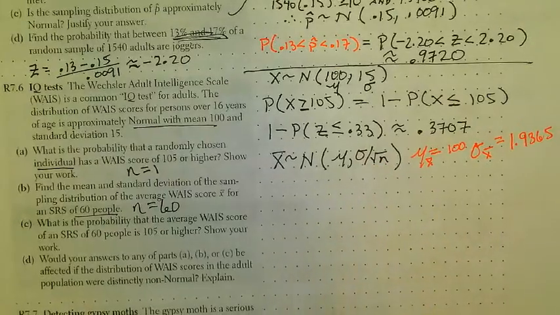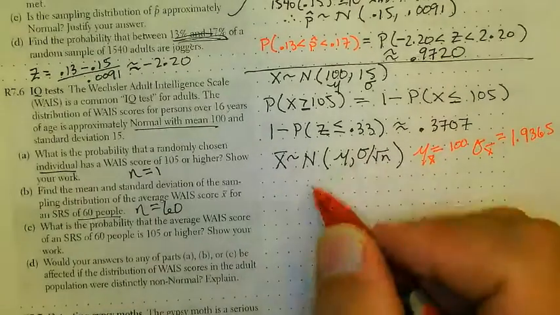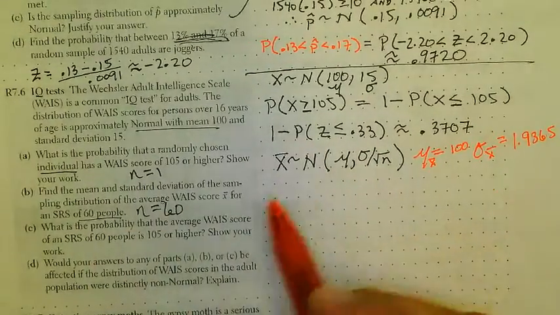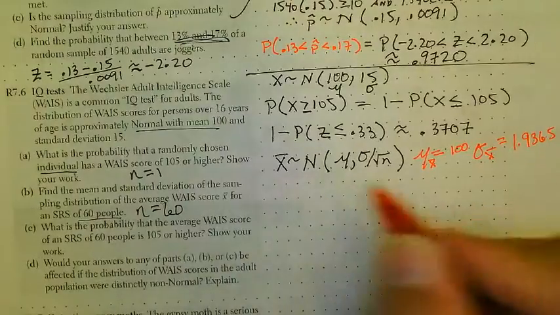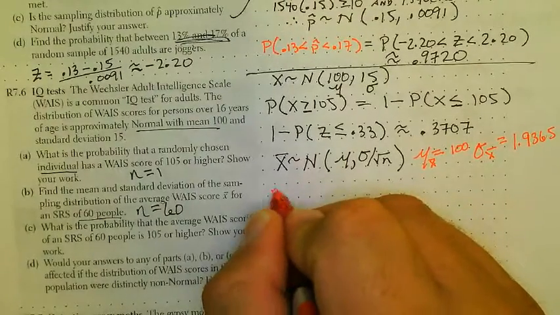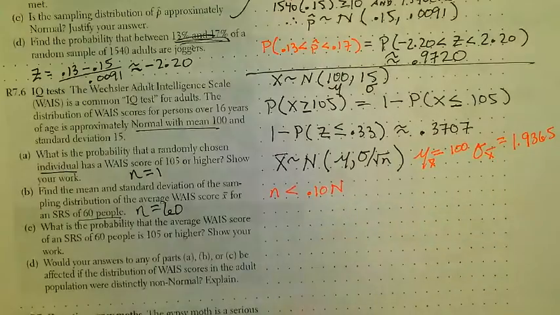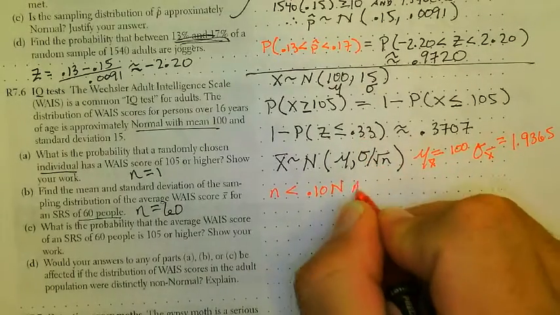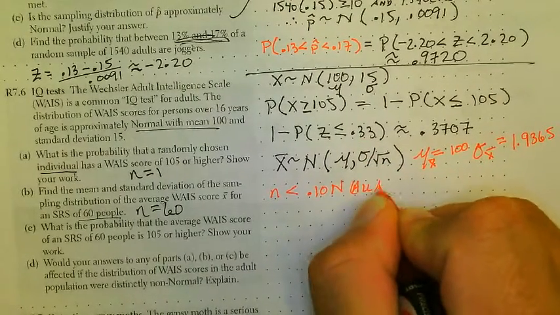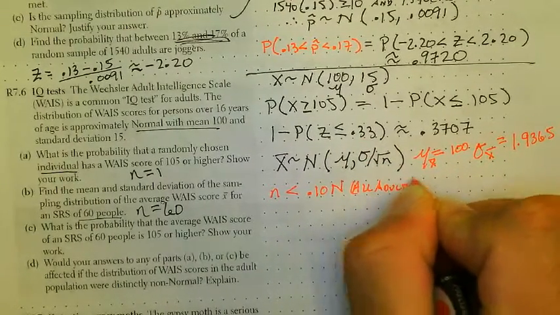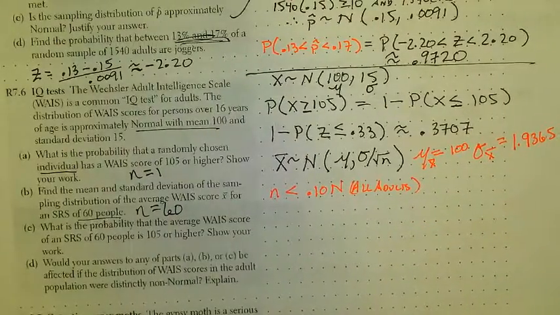Okay, note that if we're setting up with this, it's always good to talk about the 10% condition, right? And we know that n is less than 0.10 of all adults. Our sample size is less than 10% of our population.